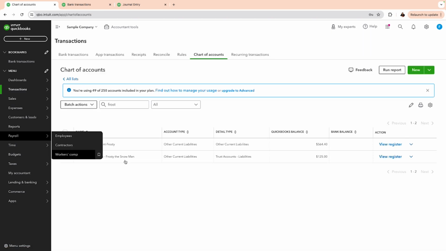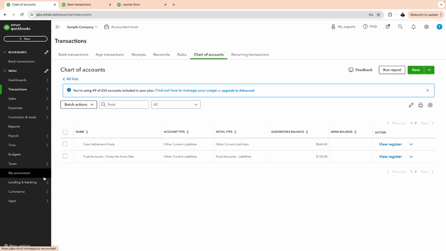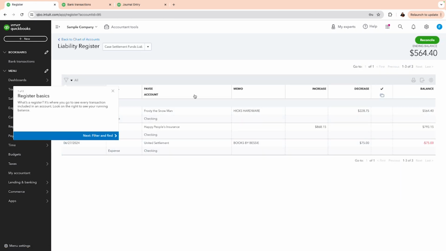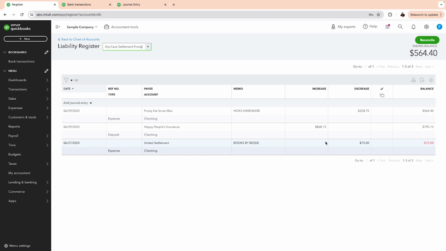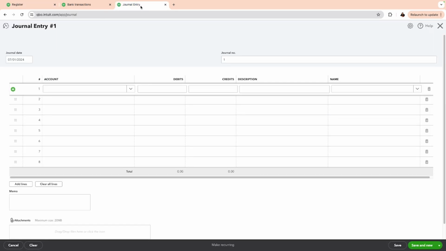So we're looking into the chart of accounts, looking at the case settlement and view register, and you're gonna see all the transactions. So the money that came in, and then you have the money that was paid out to United Settlement, and then this money was paid to the client. The remaining balance is the income. We wish, right? Usually it's the other way around, but let's suppose that that's the case.